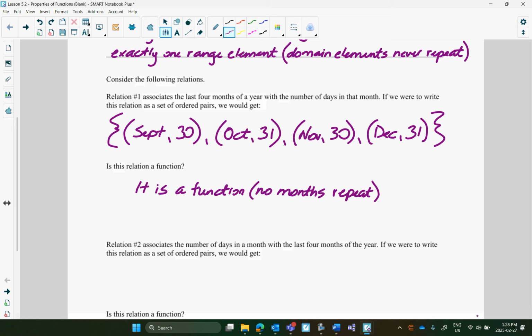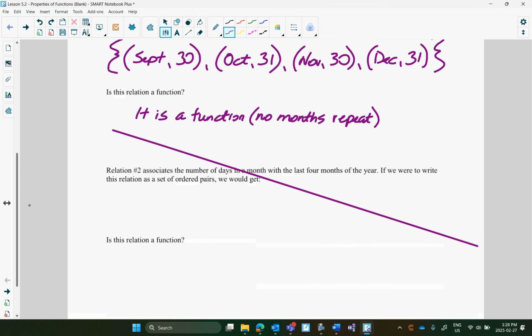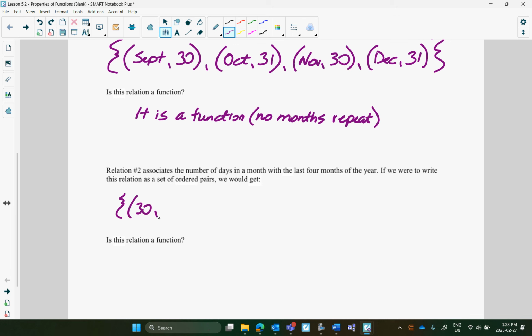But what if we reverse the relation? What if we said, okay, I want to write a relation very similar to this one, except this time I want to relate the number of days in a month to the last 4 months of the year. So I'm going to reverse all of these. So 30 days for September, 31 days for October, 30 days for November, and 31 days for December.